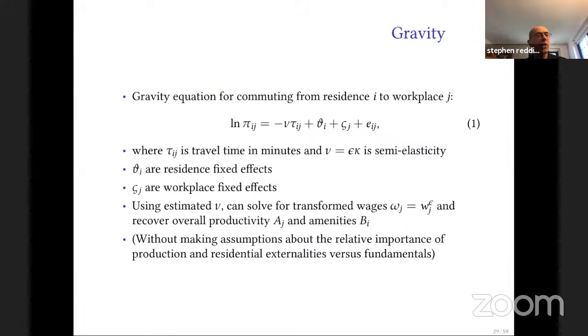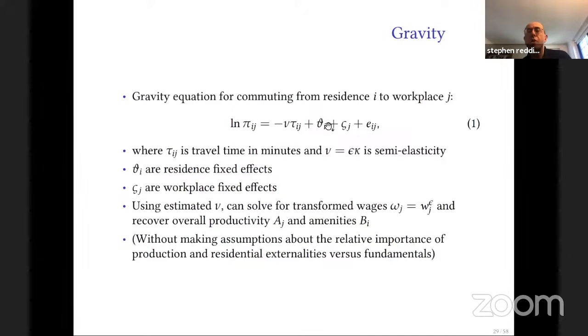In the paper, we actually show empirically that the Jensen's inequality correction is small in our application. And actually, David Weinstein and I have a paper on gravity in a trade context where we show analytically why that is the case. You can actually solve analytically for what the Jensen's inequality correction term is in a log linear gravity equation model. So with that caveat, we're just going to use the model's predictions.